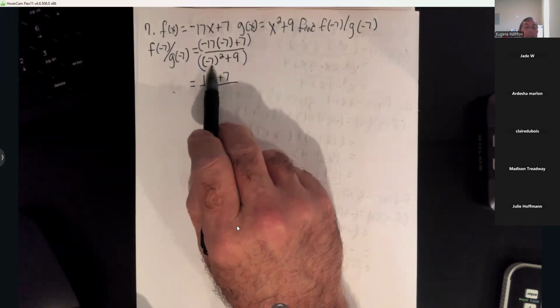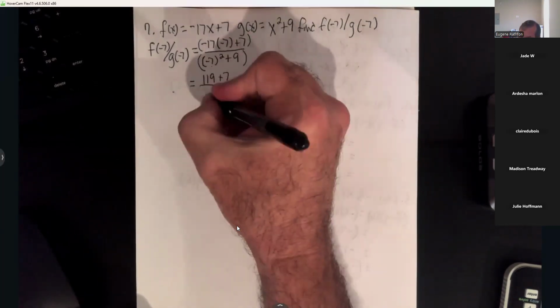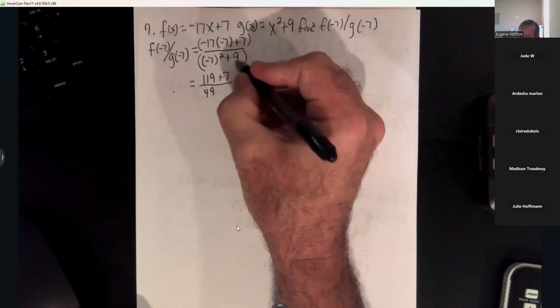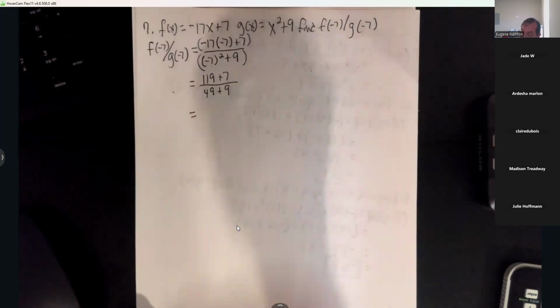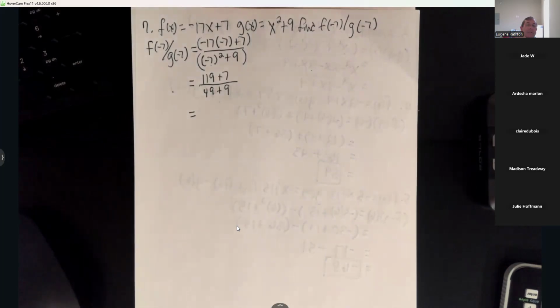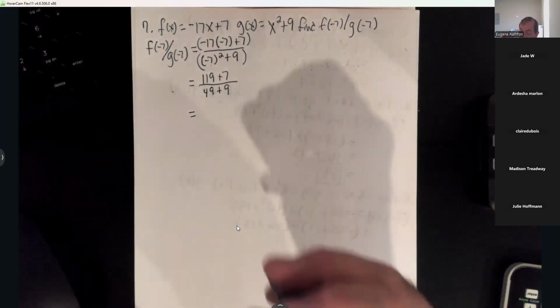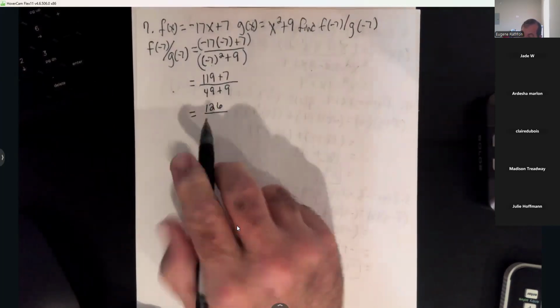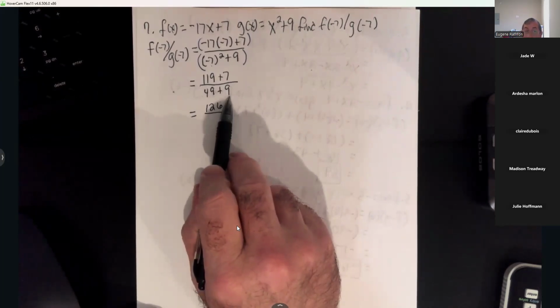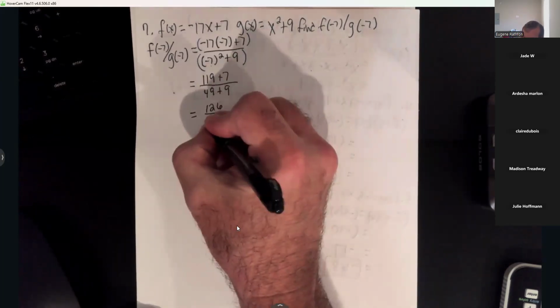On bottom, we got negative 7 squared, which is 49, plus my 9. All right, y'all, so let's add that top. 119 plus 7 gives us 126. On bottom, 49 and 9 is 58.